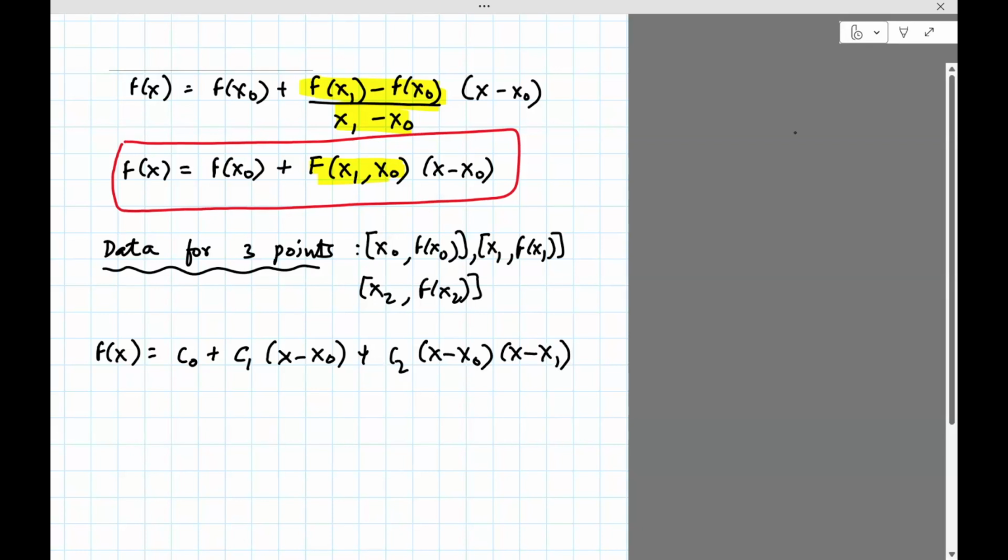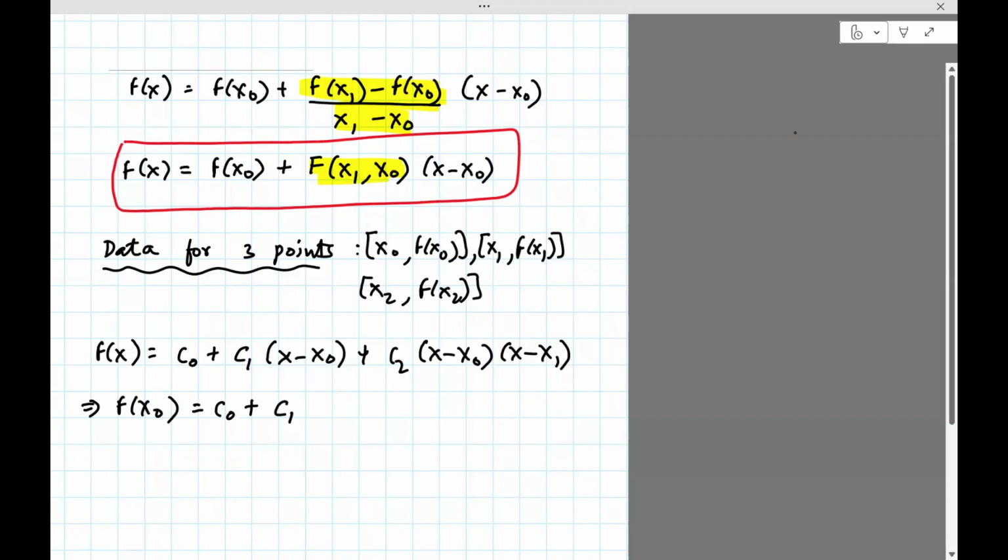Just notice how I came up with the expression. Normally, I would write for a polynomial c0 plus c1x plus c2x squared. But in this case, I specifically want to put it as x minus x0 and x minus x0, x minus x1. You'll see why that's very important. Now we'll substitute the value for x0, so x equals x0.